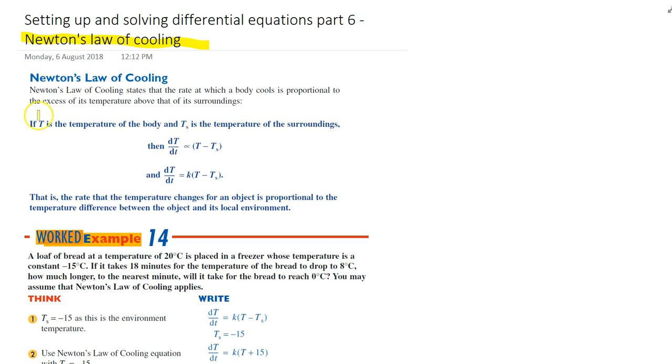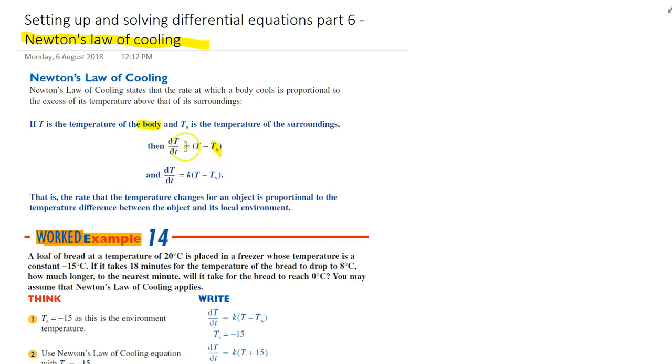So Newton's law of cooling says that the change in the temperature of the coffee, the body here, with respect to time, is proportional to the temperature of the body minus the temperature of the surroundings, or the ambient temperature.